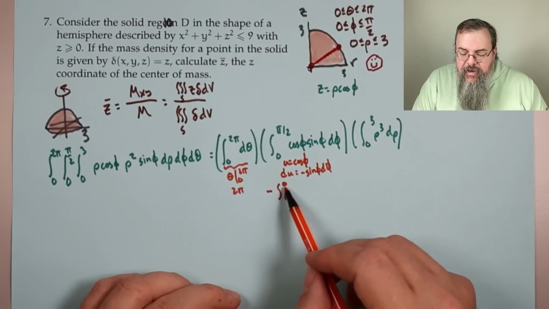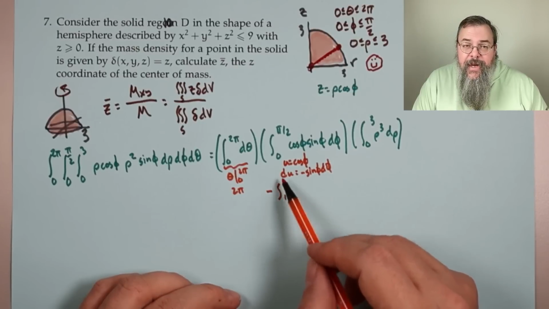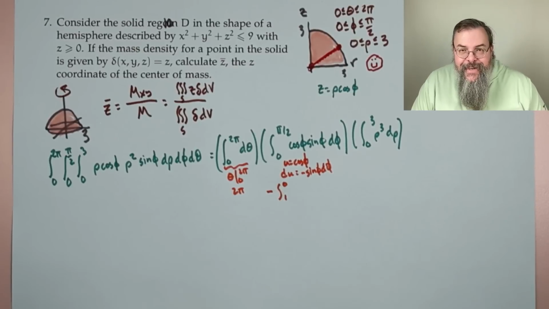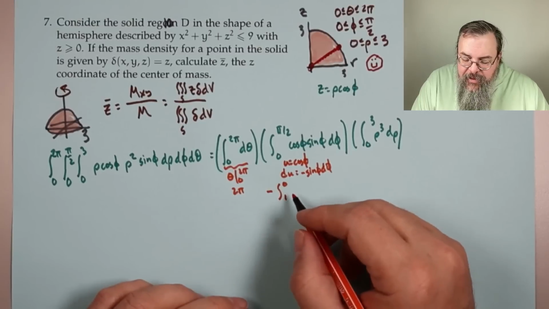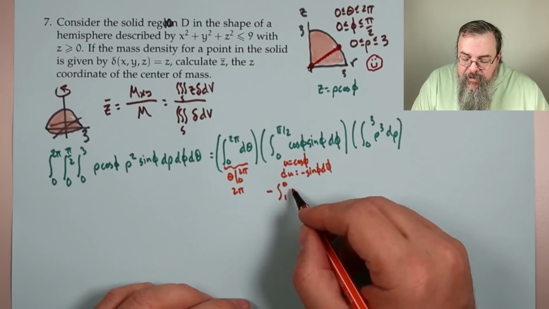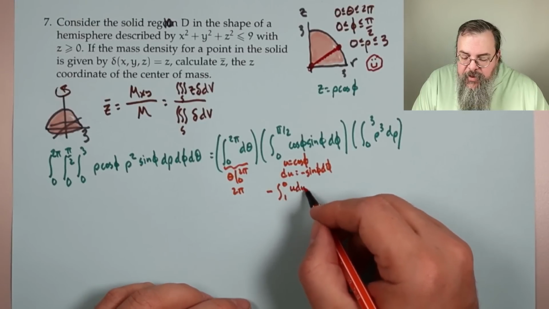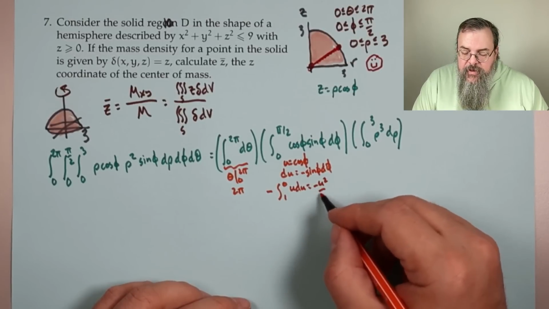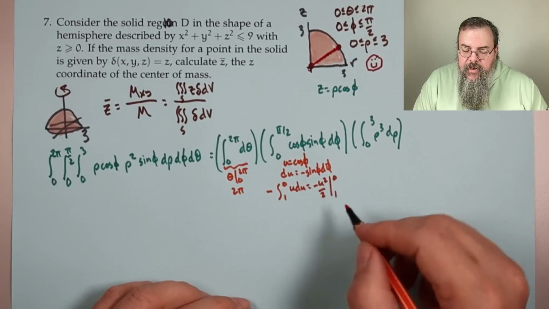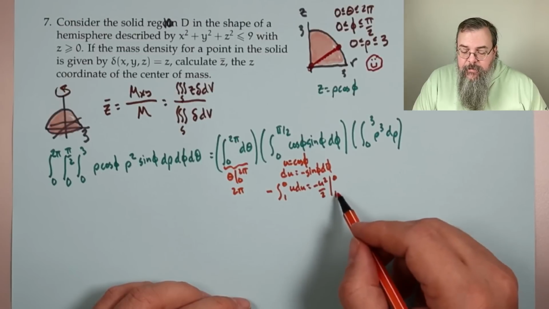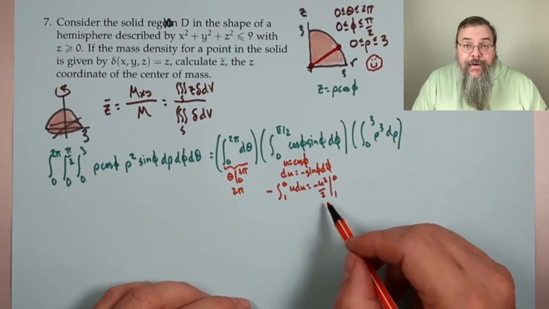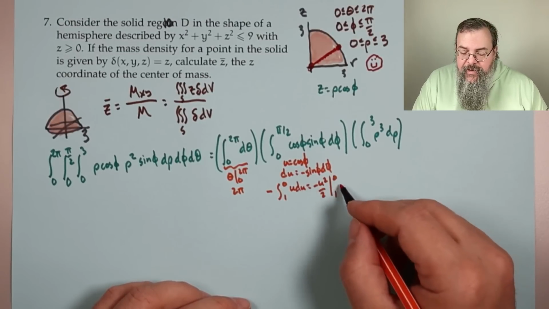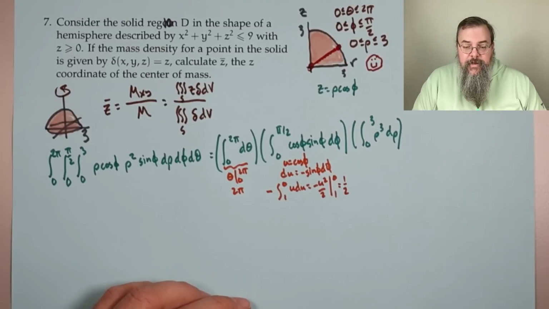And the minus will put the signs back in the right order, so don't worry. It looks weird, but everything's good. And then this becomes u du. That's minus u squared over 2, evaluated 1 to 0. Plug in 0, you get 0. Plug in 1, you get minus a half. 0 subtract minus a half is a half. So that's that layer.